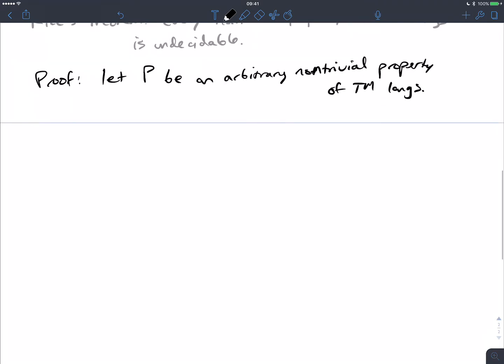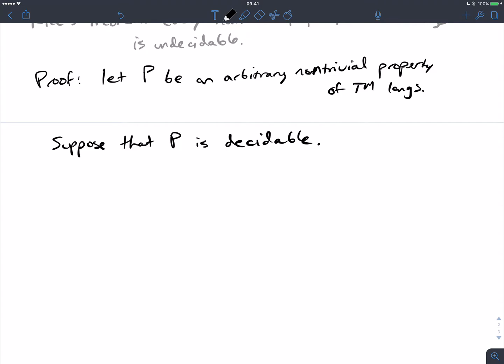Okay. So if I want to show that P is undecidable, the way that we know so far is to suppose it is decidable, then solve some undecidable problem. So let's suppose that P is decidable. Well, now I got to pick which problem I want to show is decidable using this supposition.